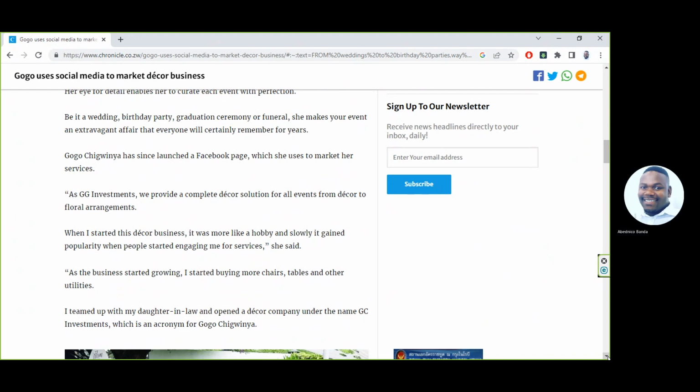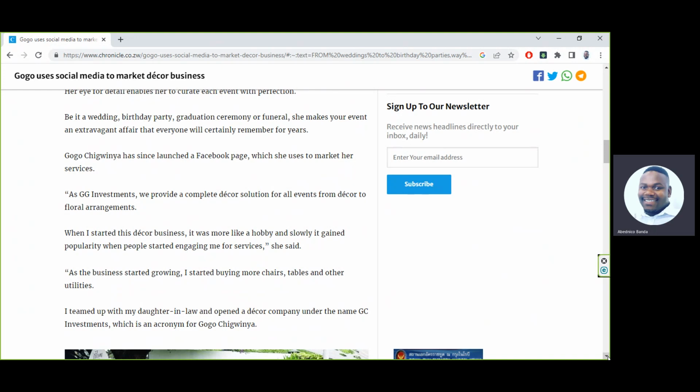"As CG Investments, we provide a complete decor solution for all events, from decor to floral arrangements. When I started this decor business, it was more like a hobby, and slowly it gained popularity when people started engaging me for services," she said. "As the business started growing, I started buying more chairs, tables, and other utilities.